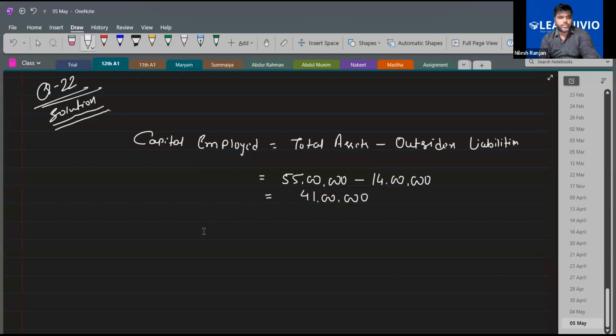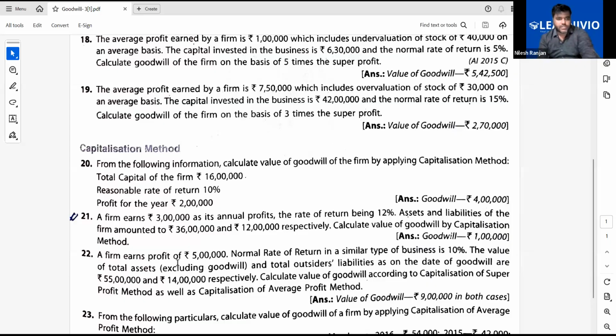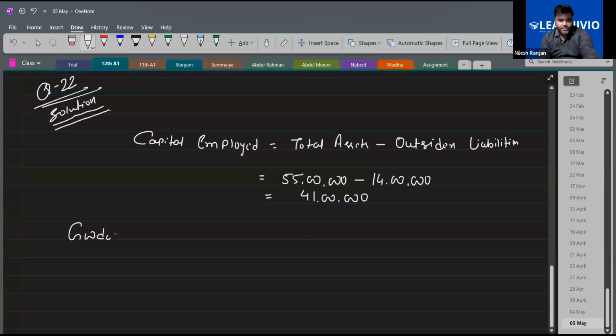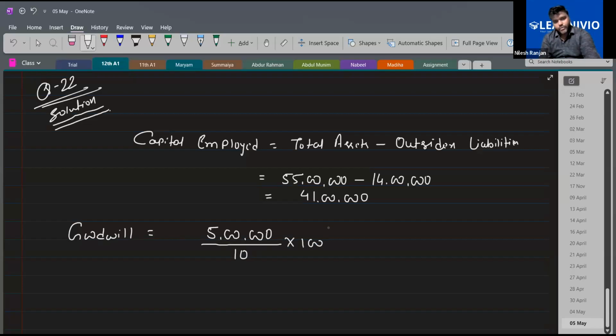This is capital employed. Now, the firm earns 5 lakh profit. Normal rate of return in a similar type of business is 10%. So the first one is capitalization of average profit. Goodwill will be 5 lakh, our actual profit, divided by normal rate of return, which is 10, into 100, minus actual capital employed, which is 41 lakh.